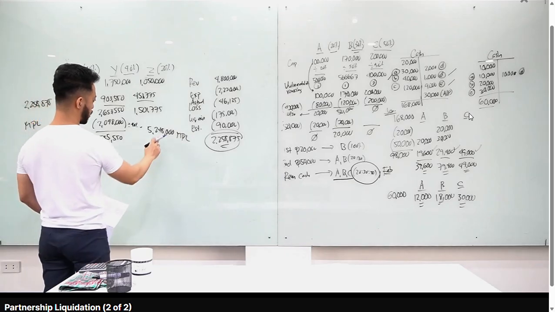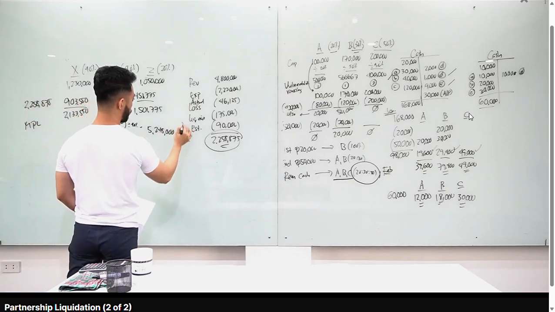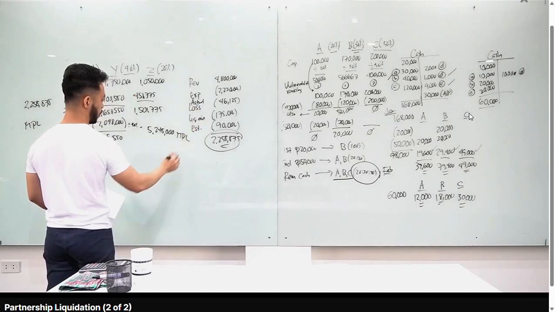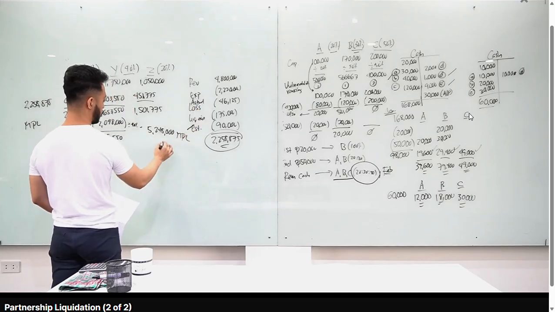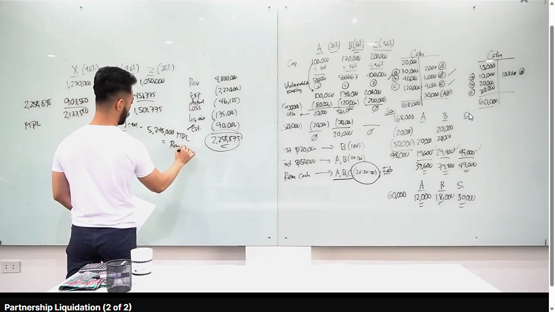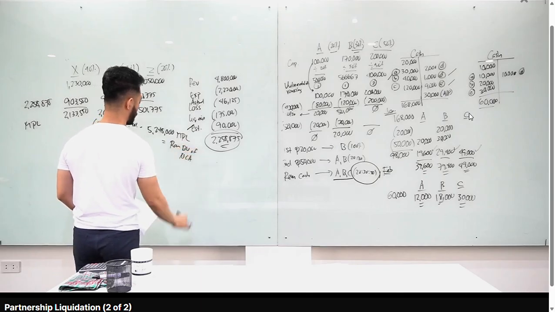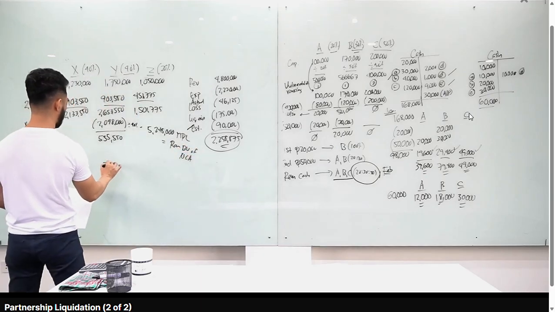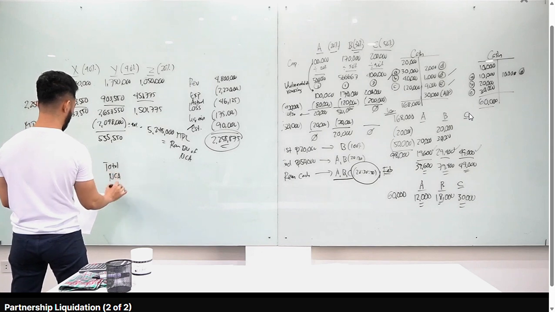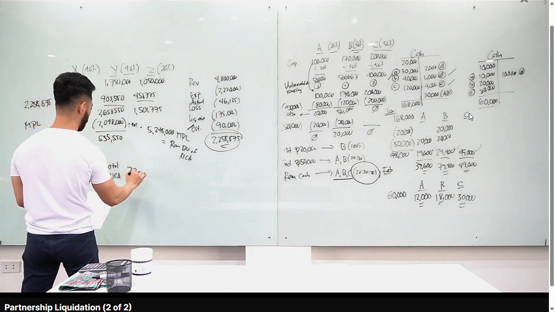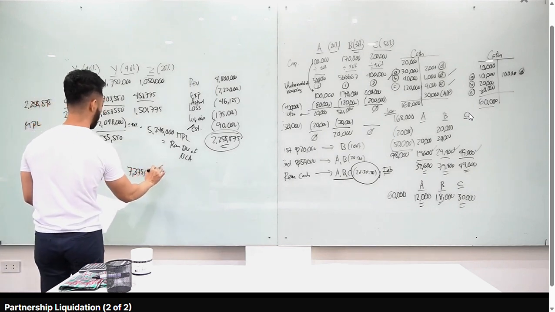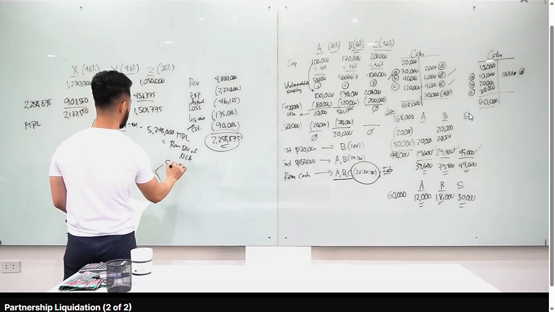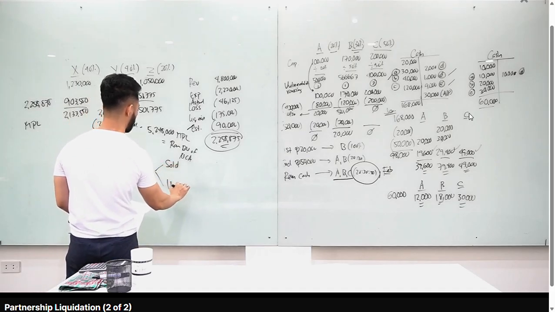Class, ano nga ba yung maximum possible loss na yan? Since na-consider na natin yung estimated liquidation expenses, and wala namang cash withheld sa problem, ibig sabihin, equal yan sa remaining book value of non-cash assets. Does that make sense? Okay. So, class, yung total non-cash assets in the balance sheet, nakita nyo yung 7,375,000. Tama? Pwede natin i-break down into yan. Ito yung mga nabenta mo, sold, and yung mga unsold. Class, ano yung unsold?